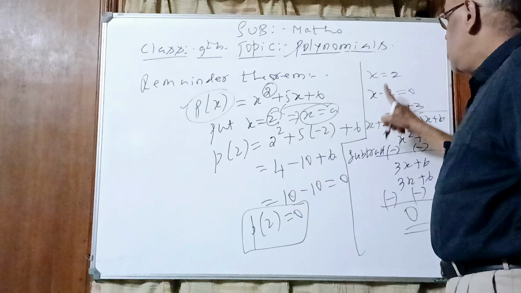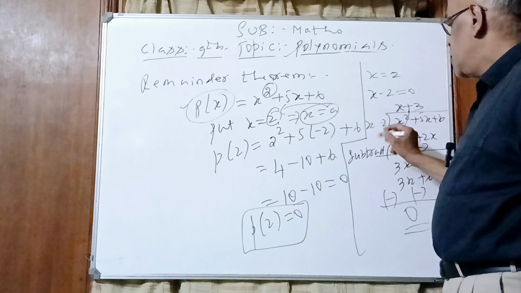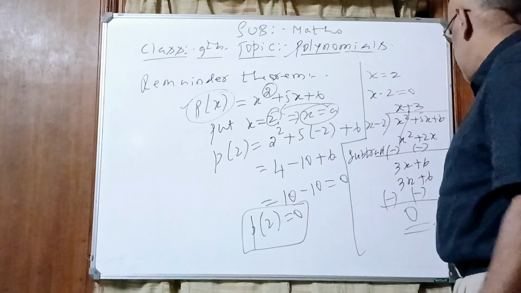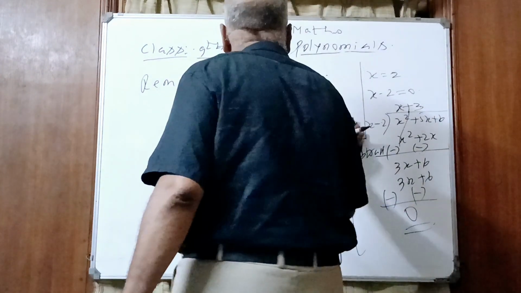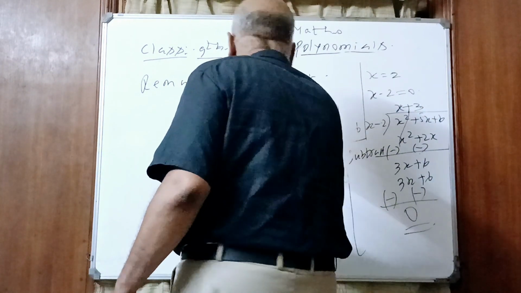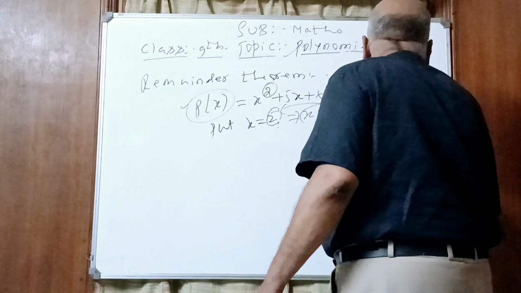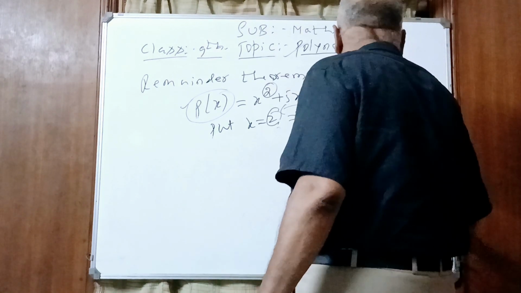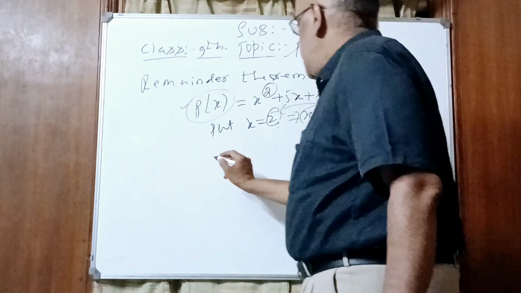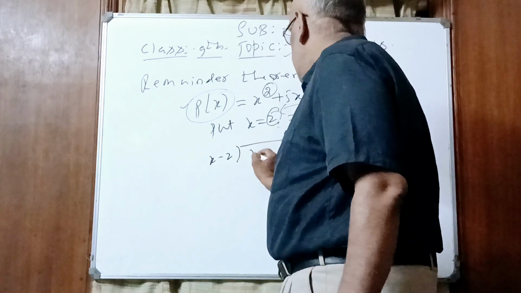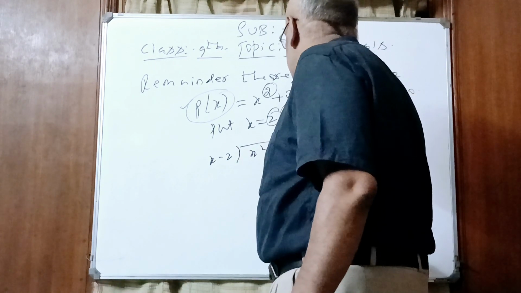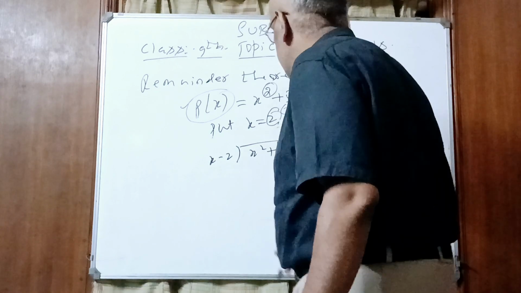Now you divide it by x minus 2. Take this polynomial. Instead of 2, you should divide it by minus 2. When x minus 2 divides which polynomial? X square plus 5x plus 6.